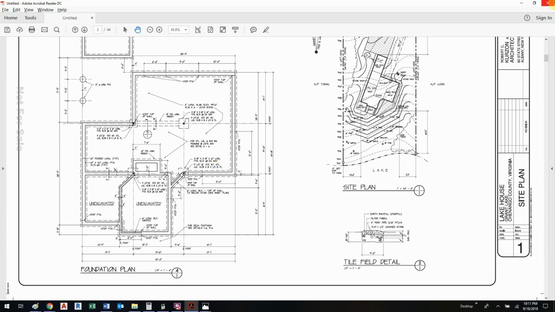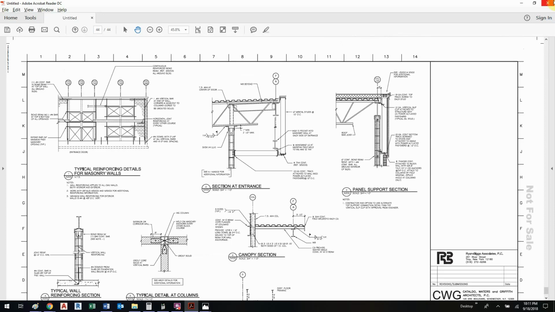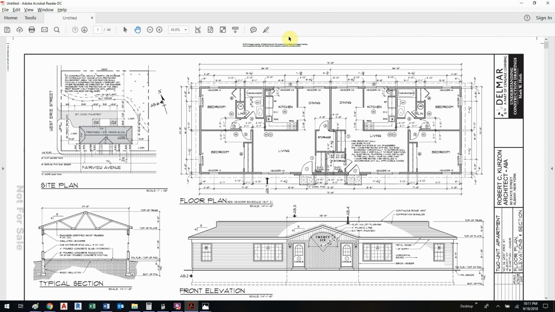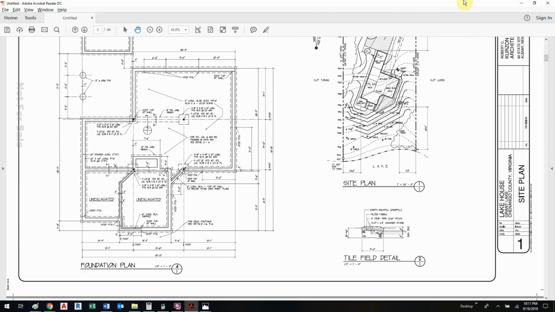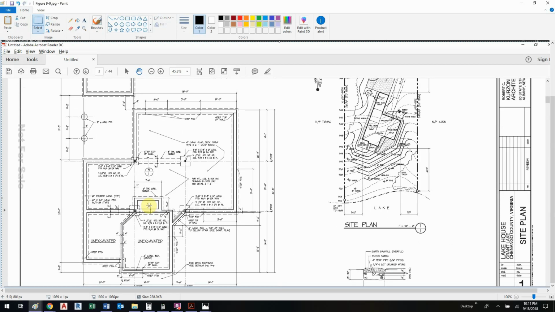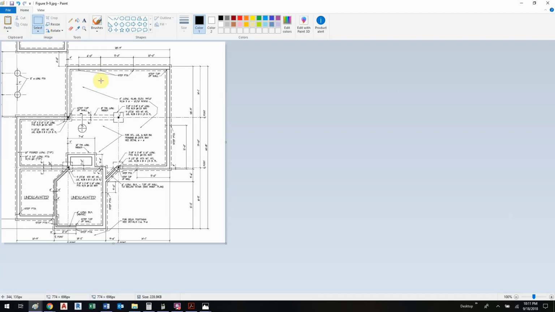So how can you do that? Again, I hit print screen before I push the little button here. So print screen, and I'm going to go back over here and place it right in here. To get rid of some of this other mess, I'm just going to crop it out.